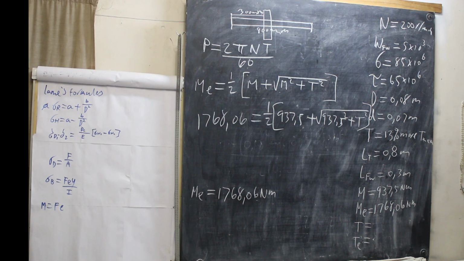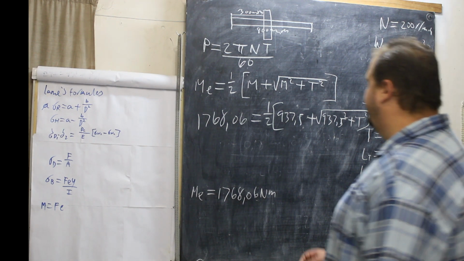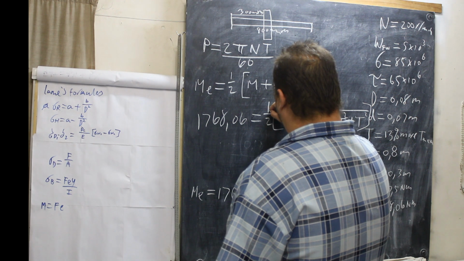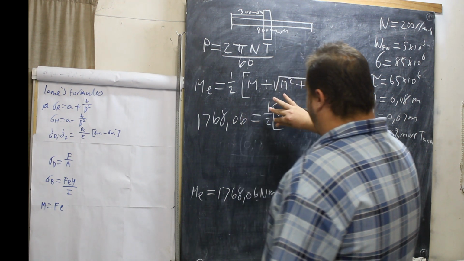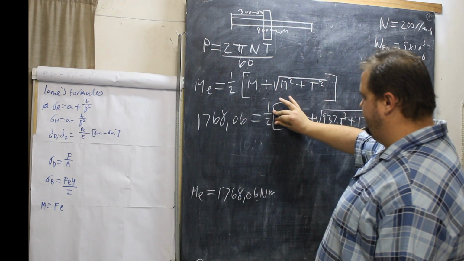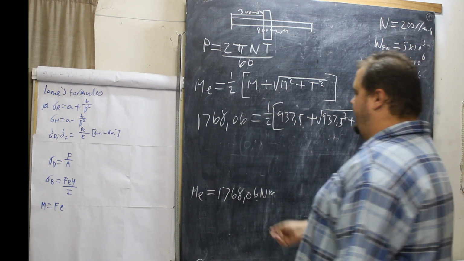Alright, so now we're going to multiply by 2, because when this comes over and it's a multiplication, it flips to stay a multiplication.